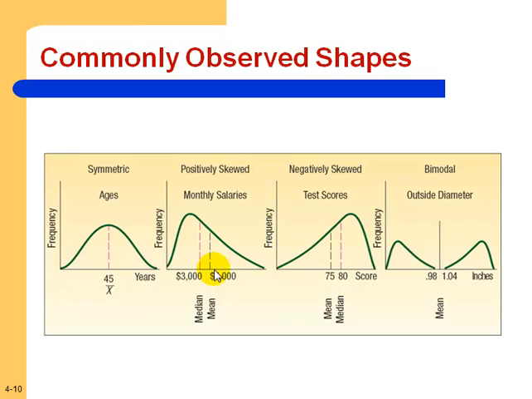Just remember why for the positively skewed distribution the mean is greater than the median. That's because the mean is affected by a few extreme large values. And for the negatively skewed distribution, the shape of the curve looks like this. The mean is smaller than the median. So why is it so?